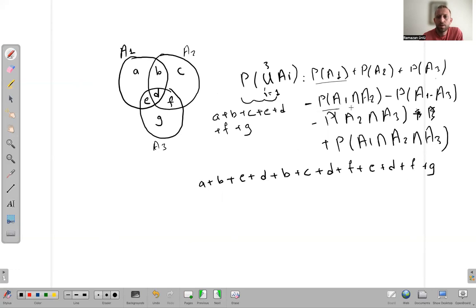Now look at A1 intersect A2, so minus B minus D, and this part minus E minus D, and the last one is the intersection of A2 and A3, this one is D and F, so minus D and minus F, and plus the intersection of the three events, that is D, right? Plus D.